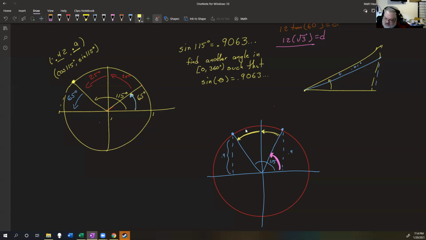Yeah. So this being 25 degrees means that's 25 degrees. But we didn't want that yellow angle. We want that pink angle. Fair? Yeah. But could you not subtract 25 from 90 then to get the rest of that angle? You absolutely could. Subtract 25 from 90, and that's your 65 degrees.